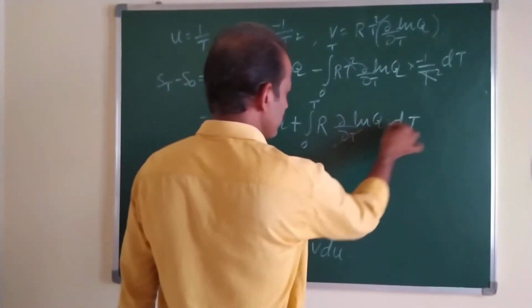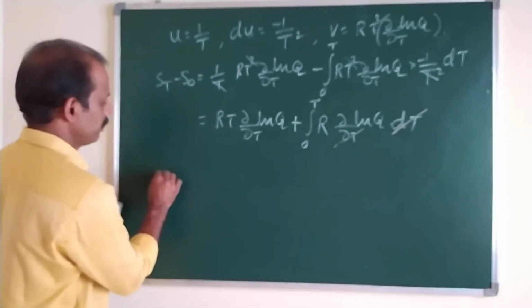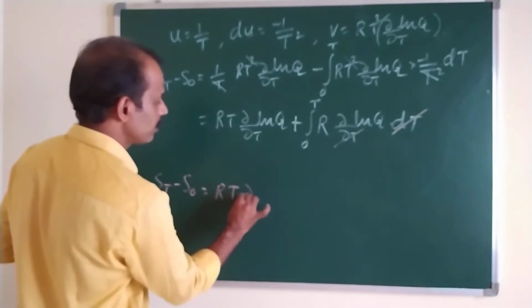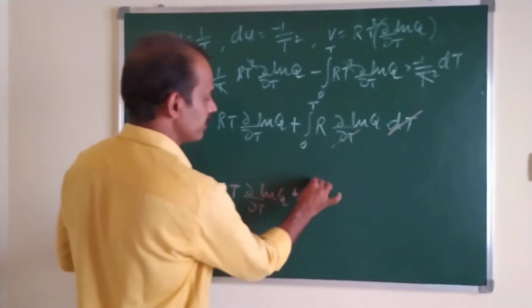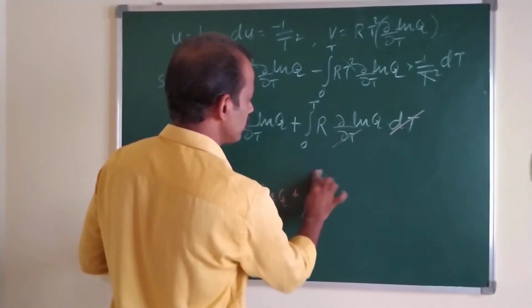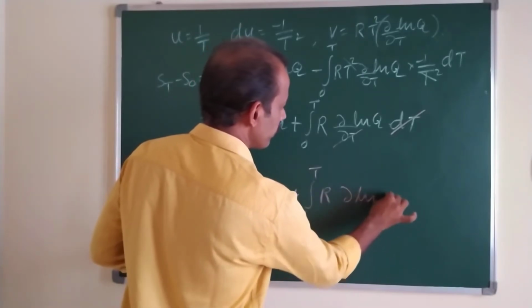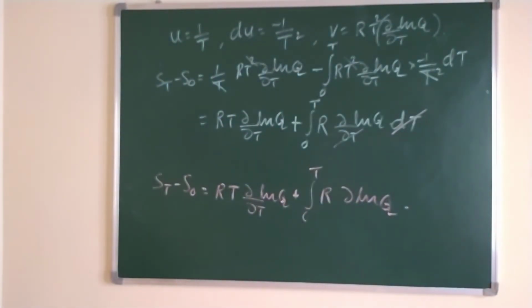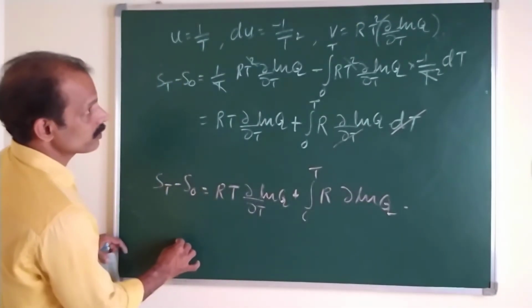So we can cancel these two. So our equation becomes St minus S0 is equal to RT ∂/∂T ln Q plus the integral from 0 to T of R d ln Q. We know what U is.